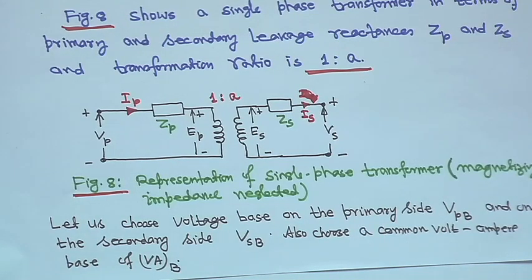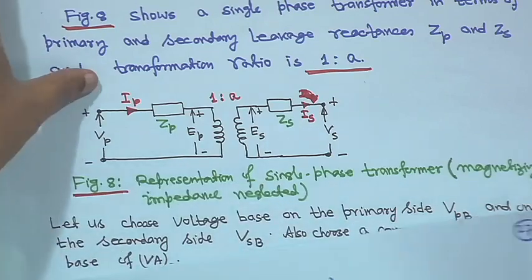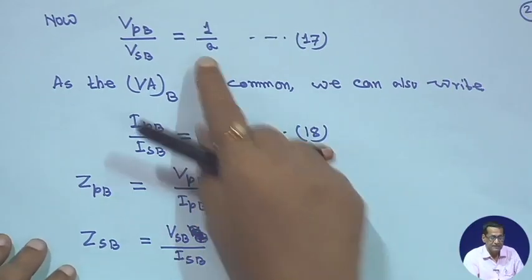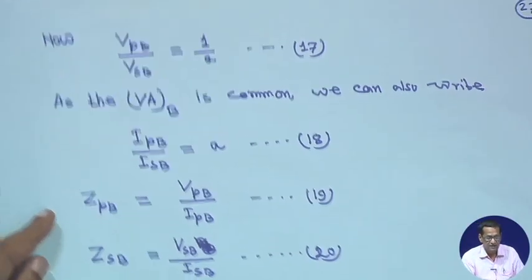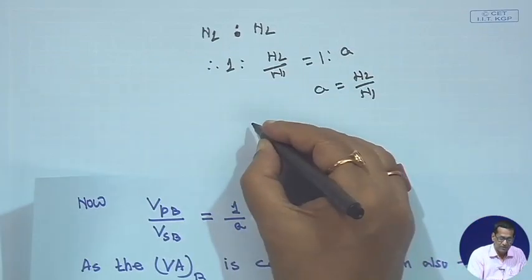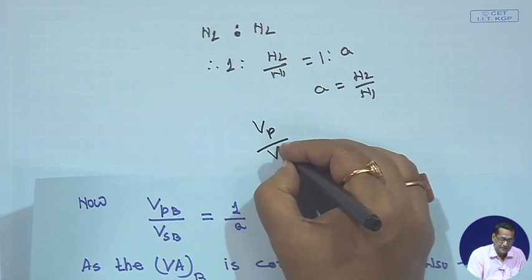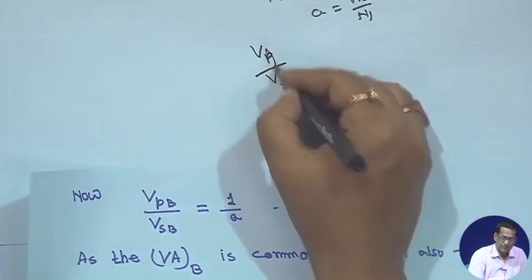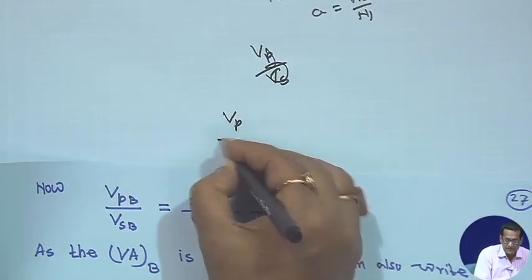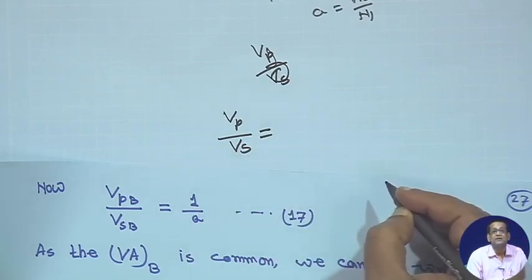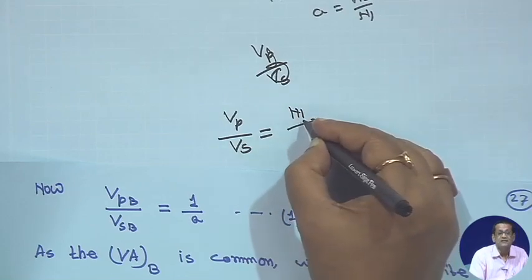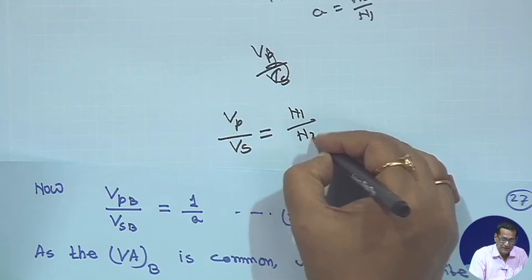So, that is your VA base, the volt ampere base for this transformer. That means V primary base upon VSB can be written as 1 upon A. As you know, if the primary side voltage is Vp and the secondary side voltage is Vs, then Vp upon Vs is equal to N1 upon N2, the primary winding turns and the secondary turns.